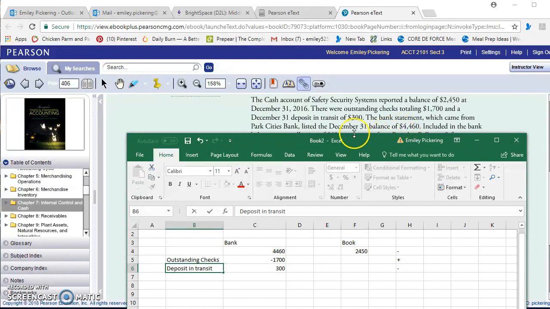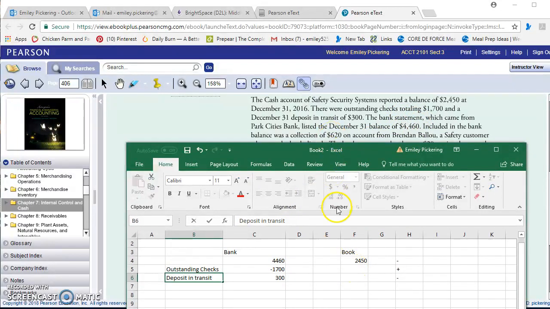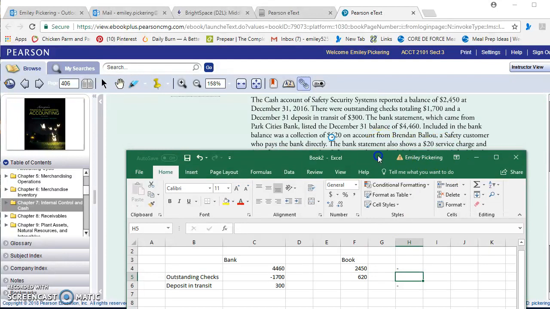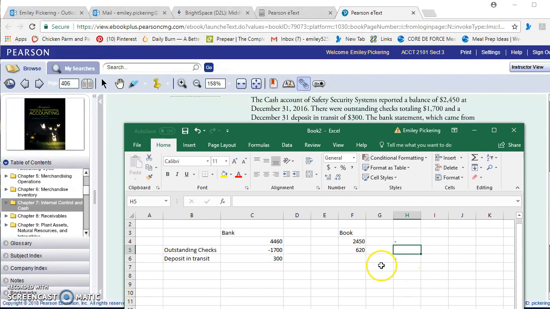The bank statement had this amount, and there was a collection of $620, so we're going to go ahead and add that. That's something we didn't know about. And they also show us $20 service charge. So they charged us $20 just for keeping our money there. So I'm going to subtract that.